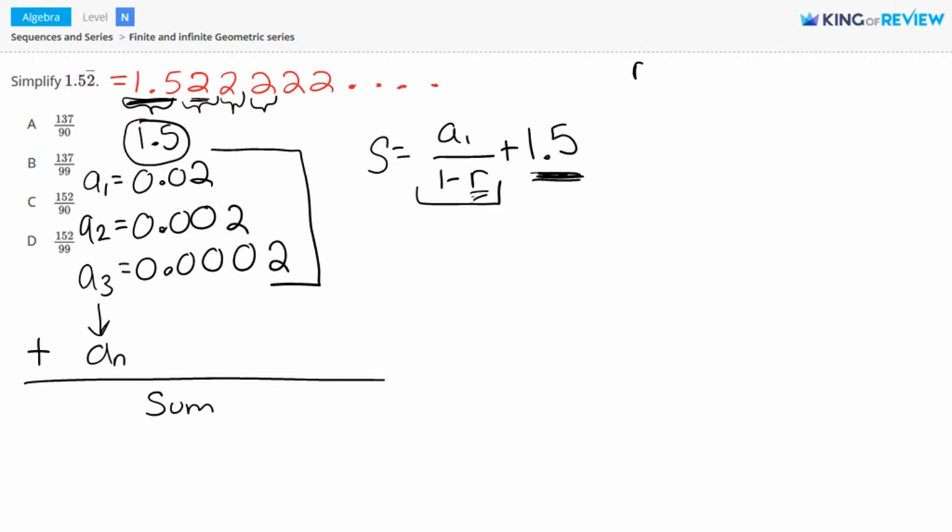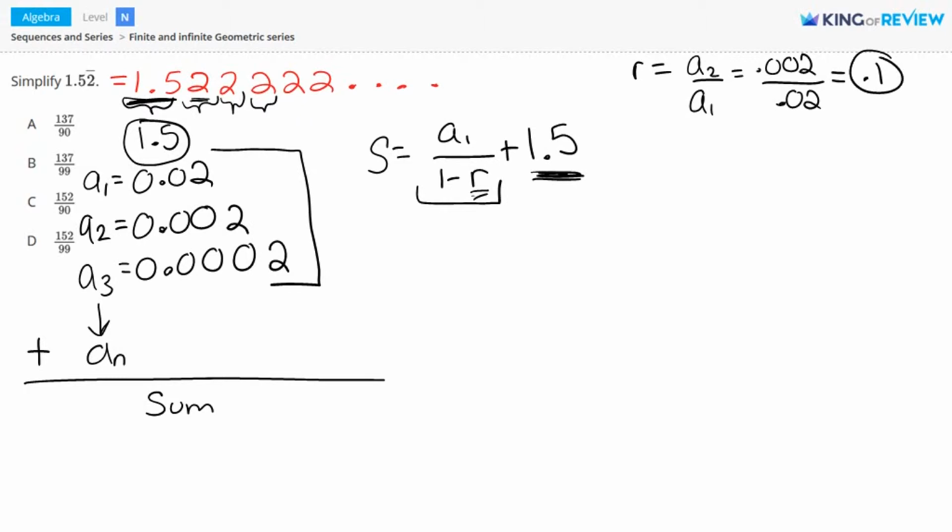So R, which is the common ratio, is equal to a term divided by the previous term. So we can choose A2 divided by its previous term, which is A1. This would give us A2, which is 0.002, divided by A1, which is 0.02. And when you divide these, you get 0.1.